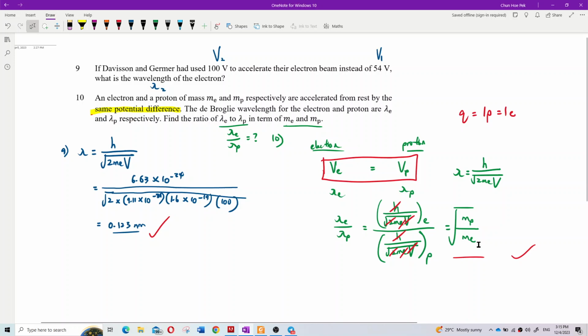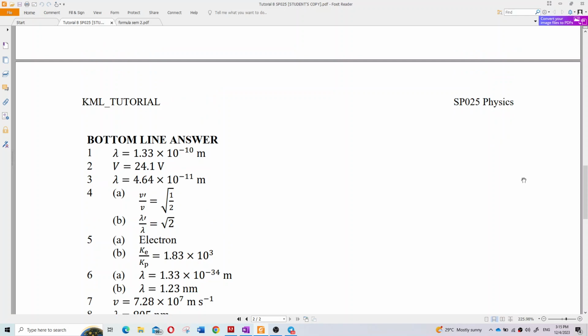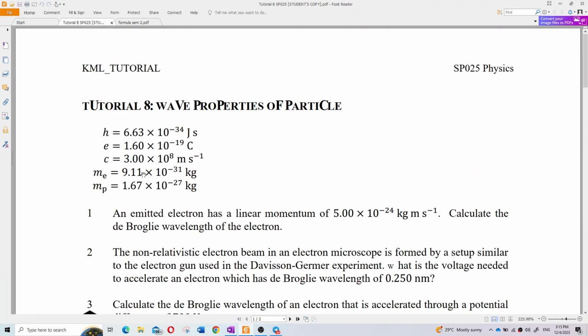Very simple. If you want to put in the value of the mass of proton and the mass of electron also, you can straight away find the ratio of wavelength electron over proton. Mass of proton is 1.67 times 10 to the negative 27, mass of electron is 9.11 times 10 to the negative 31.